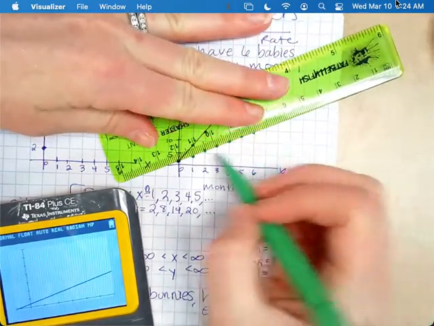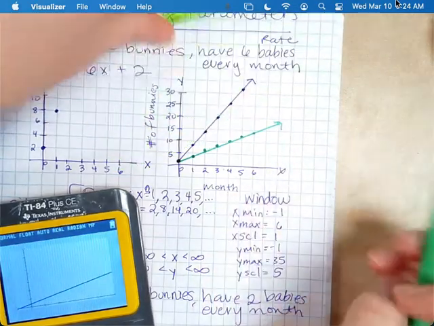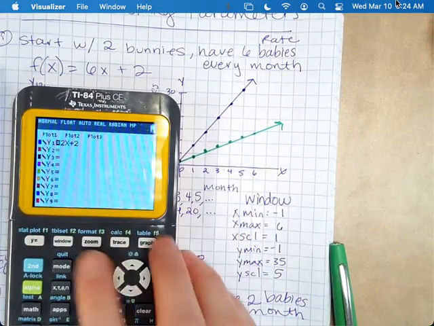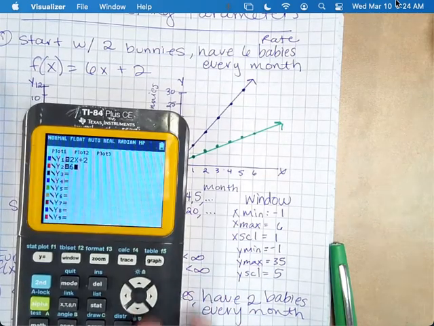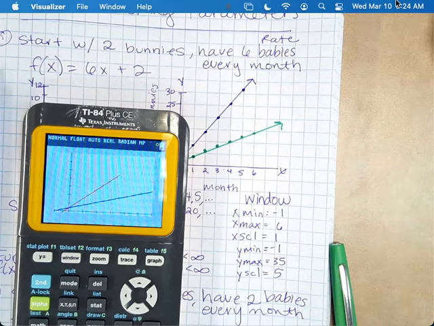So the function looks like that. I'm going to go ahead and put the other one on there too. So in Y2, I'm going to put the 6x plus 2. That way I can look at them together.